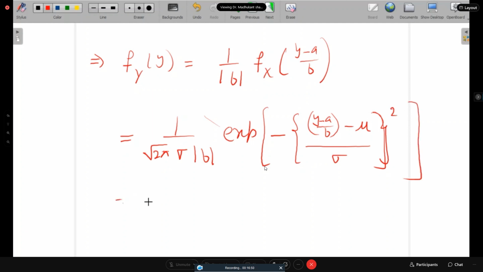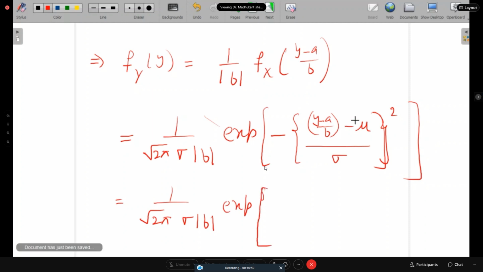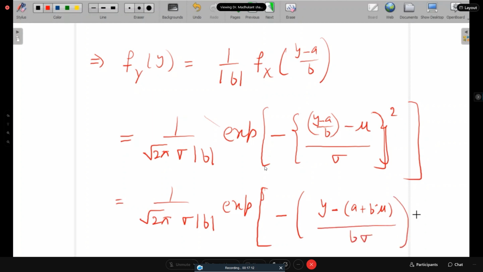So this is equal to 1 upon square root of 2 pi sigma mod b, exponential of, now you take the LCM, and what is here is now (y minus (a plus b mu)) divided by b sigma, square.